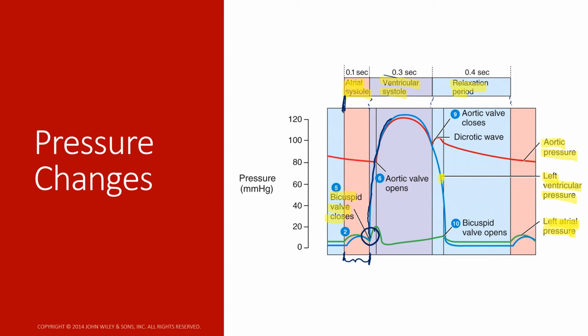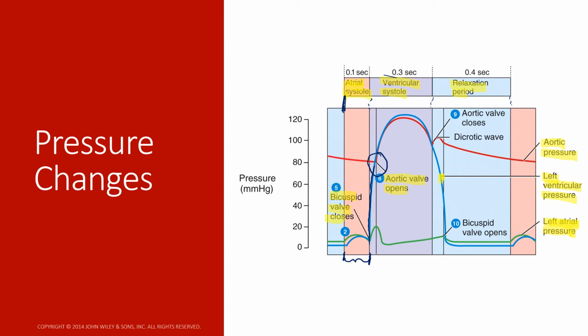So when we build up, we're going to start down here. This is when the bicuspid valve closes and we build up pressure in the ventricles. And then here at this point, when we have quite a bit of pressure in the ventricle, this is when the aortic valve opens.